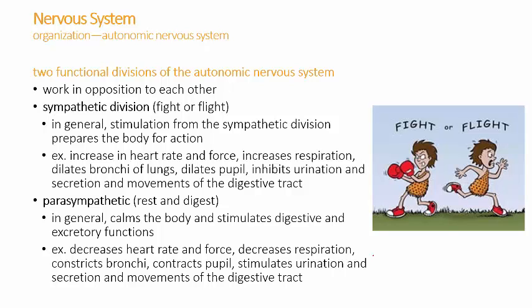And within the motor division, the somatic nervous system, where we control the voluntary movements of the body, all that voluntary skeletal muscle. And then the autonomic nervous system, where we control the involuntary functions of the body.